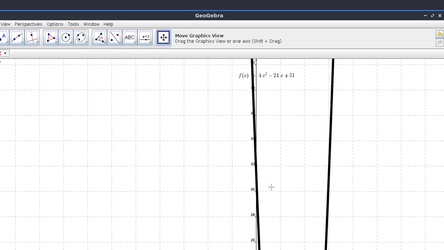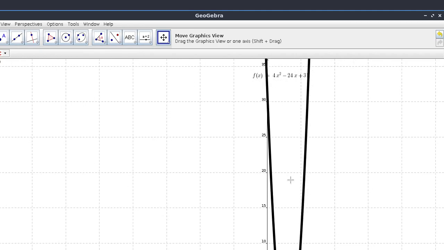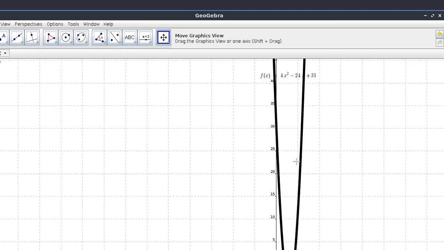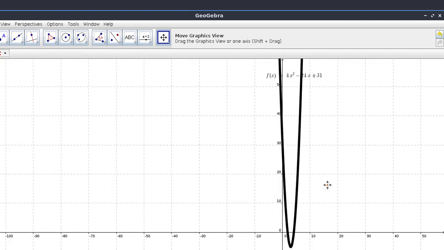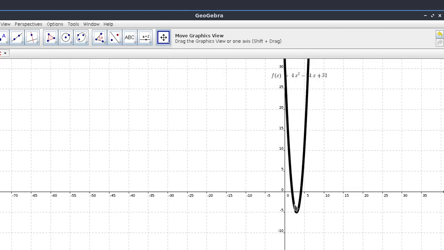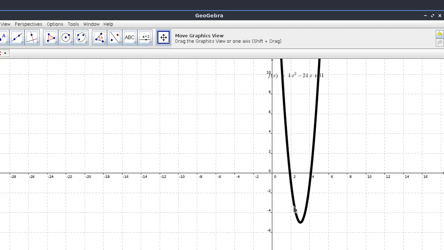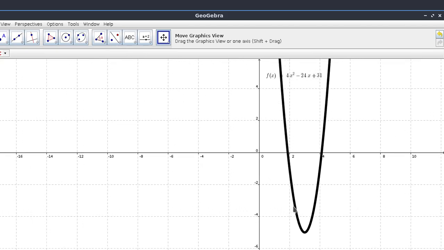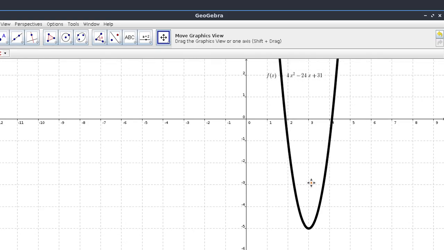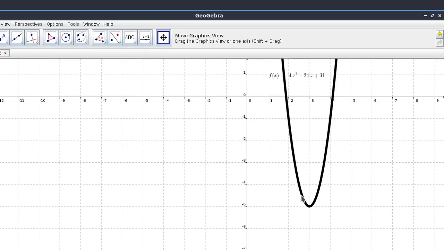So it was indeed correct. We're zooming out to take a look at the whole graph. To see these values, again, we'd have to zoom in. Alright, so that is the graph that we have.